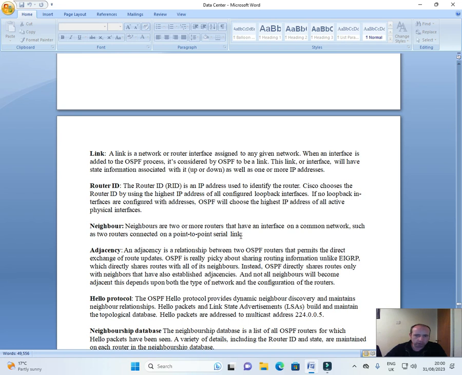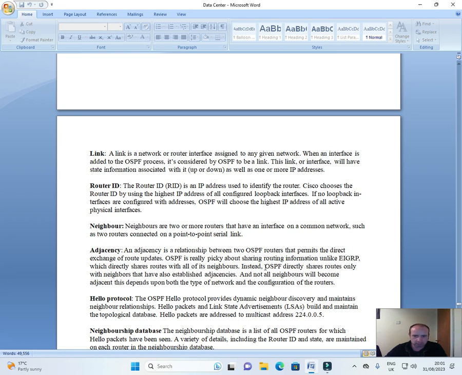Neighbours are two or more routers that have an interface on a common network, such as two routers connected on a point-to-point serial link. Adjacency. An adjacency is a relationship between two OSPF routers that permits the direct exchange of route updates.